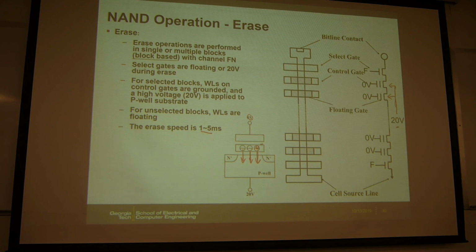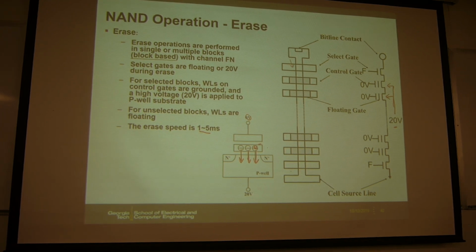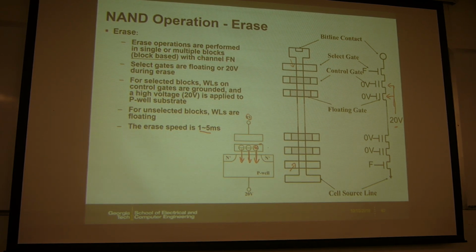So this is erase. Just one more note here. For the select gate, what do you want to apply? So the select gate, which is at the very top and bottom of the string. What do you want to apply? Here it says floating, F. So remember, this top and bottom select transistor are not floating gate transistors.